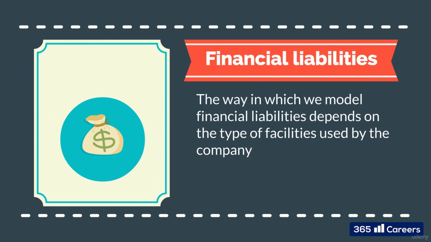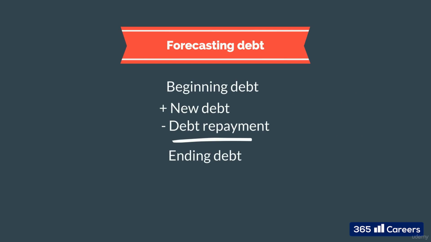Right. This is PP&E. Modeling financial liabilities can be simple for some companies and a rather complex task for others. It all depends on the number of loan facilities a company has used, on the complexity of these facilities, and on the number of contractual covenants agreed with lenders. Let's consider how a debt schedule functions. Similar to what we saw for CapEx, we have 4 items: beginning debt, new debt, debt repayment, and ending debt.